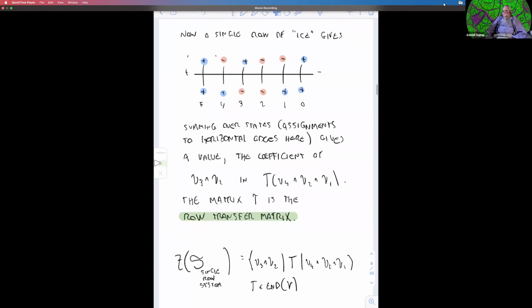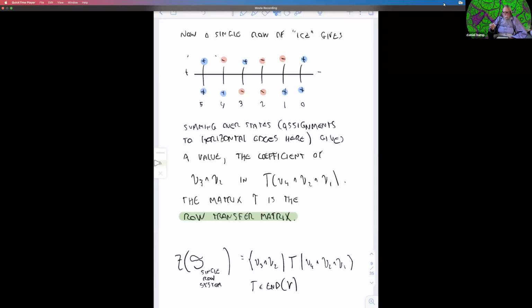If we have a single row of ice, we have two pieces of data: the spins above the ice and the spins below the ice. The product of the Boltzmann weights at these vertices can be thought of as an entry in a matrix, and that's the row transfer matrix.